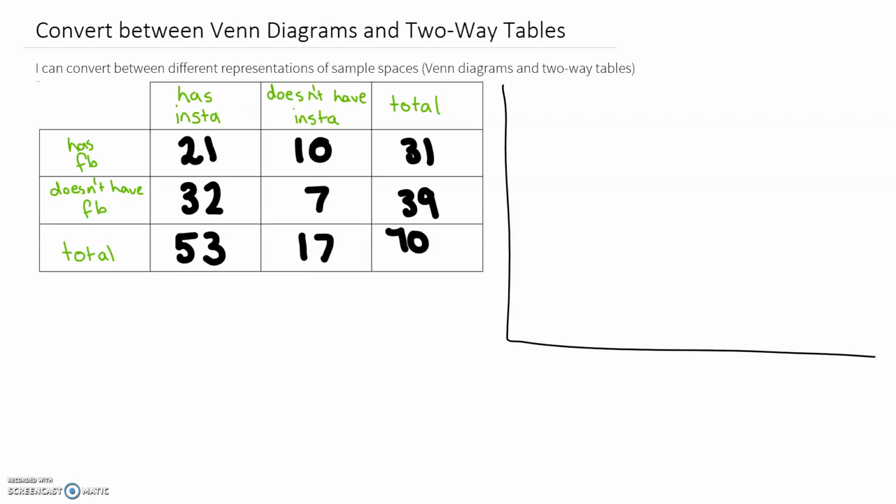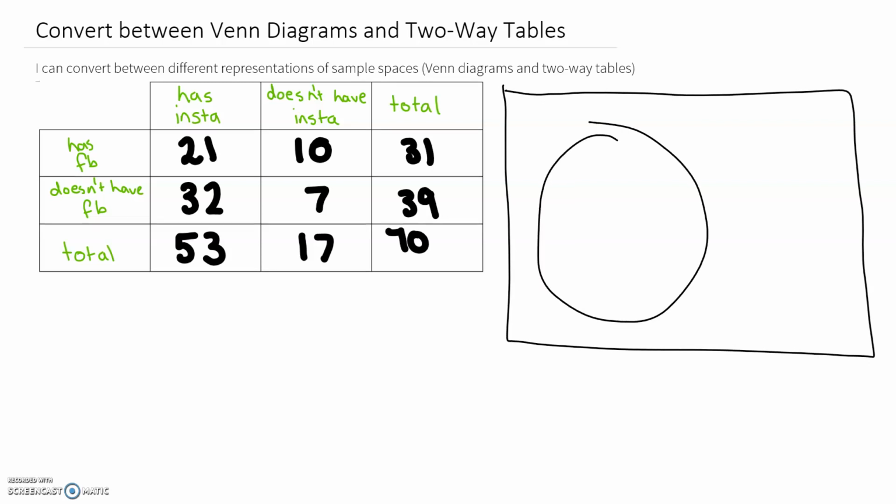So if we've got our super neat, ultra organized, amazing Venn diagram here, and we say, okay, this is people who have Instagram, this is people who have Facebook. Now we need to go from having these numbers on the two-way table to having the numbers on the Venn diagram. So we need to think about what parts of each diagram relate to each other.